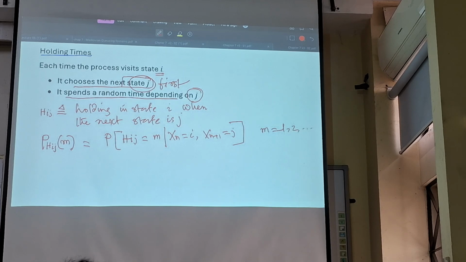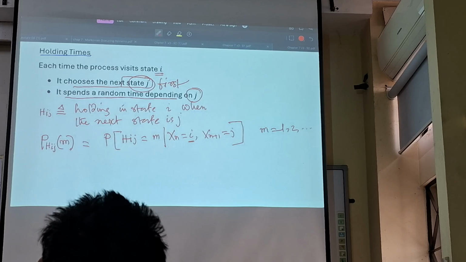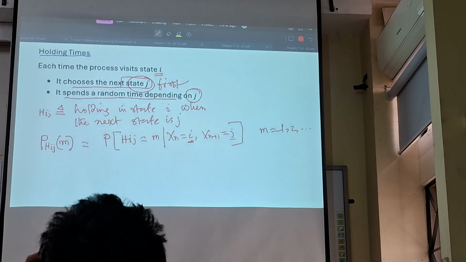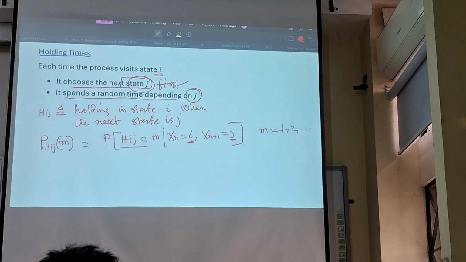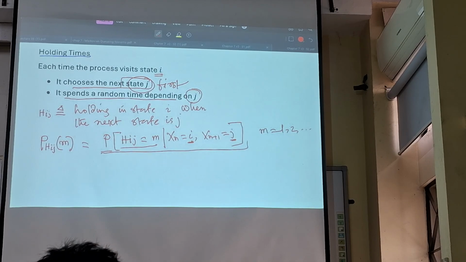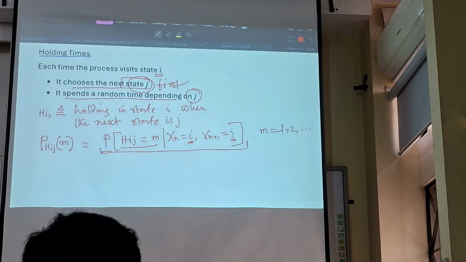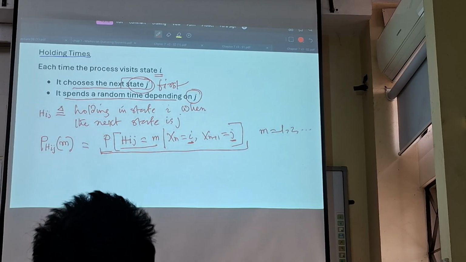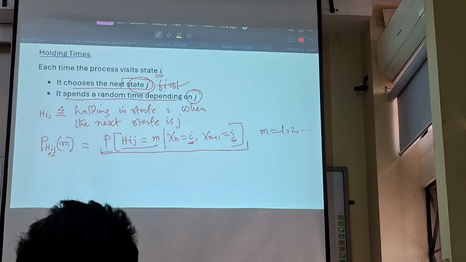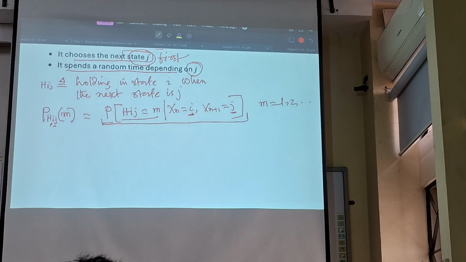So what does this mean? It means that if the current state of the process is I and the next state is J, only then the holding time is m. And we want to know the probability of this: the probability that the holding time is m when the current state is I and the next state is J. So once we have this one, what can we calculate?